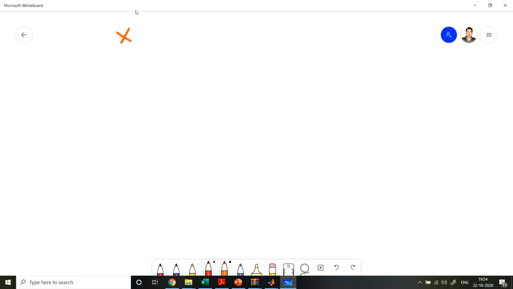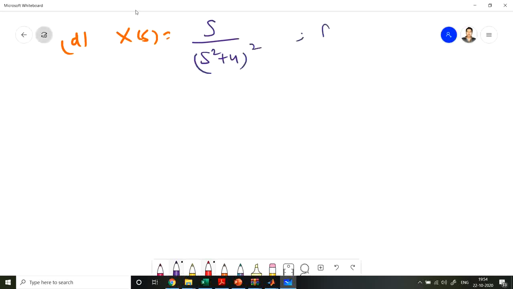So part D: xs is given as s divided by s square plus 4 whole square, with real part of s greater than 0.